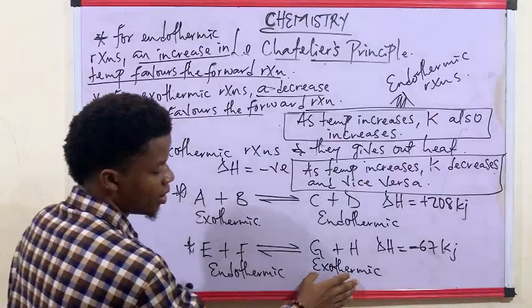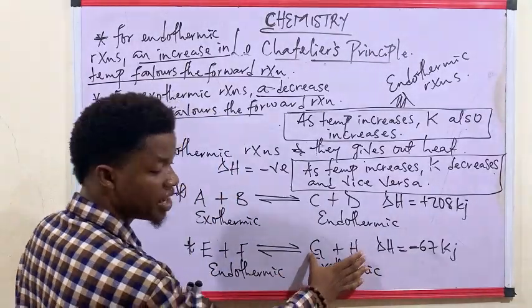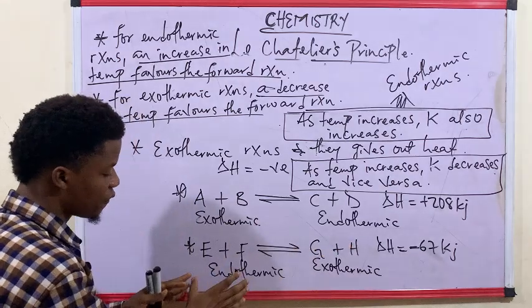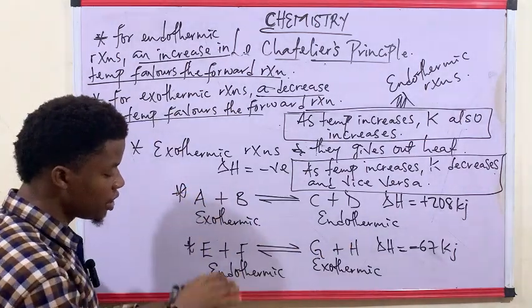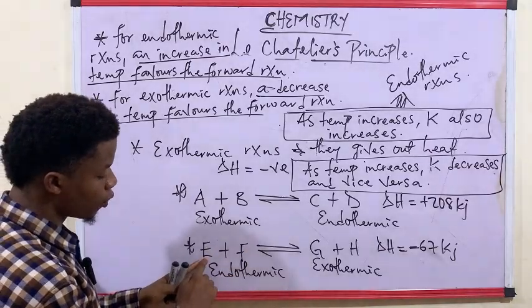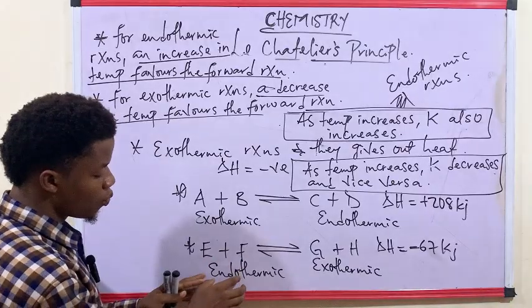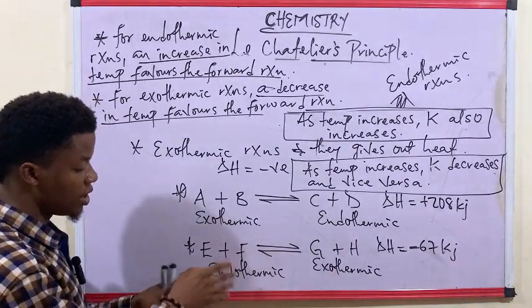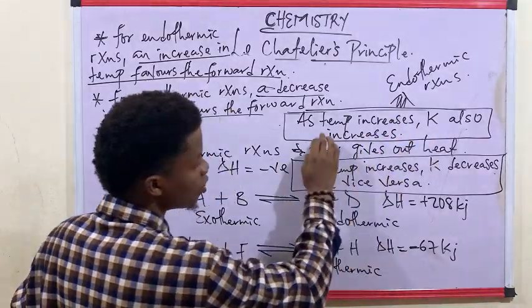For G and H, which is exothermic, when we decrease the temperature, the K for G and H will increase. Then for E and F, when we decrease the temperature, the K value for E and F would decrease because for endothermic, as temperature increases, K also increases.